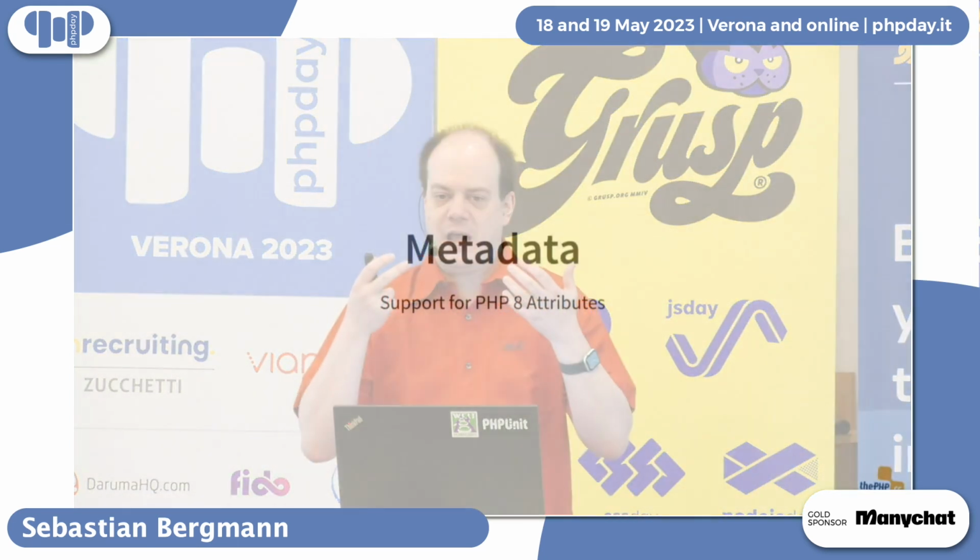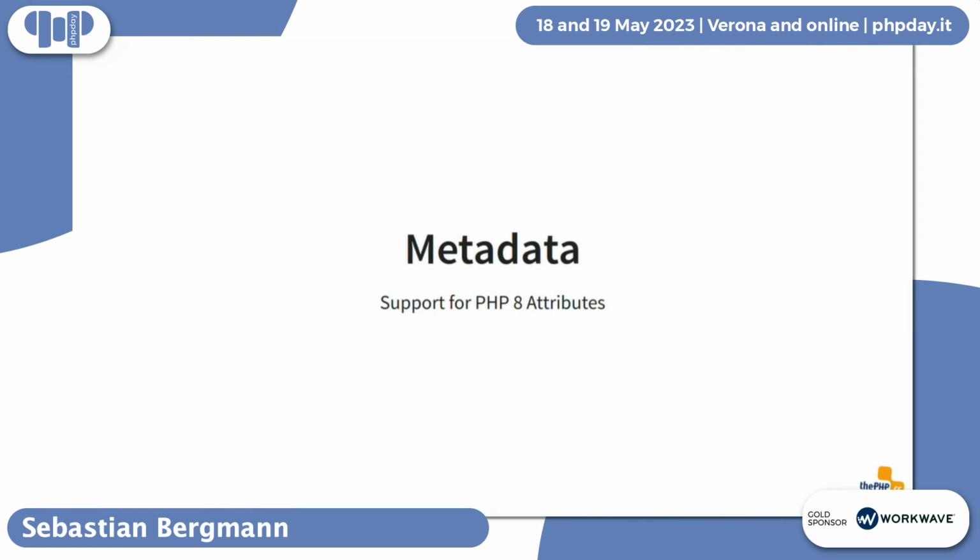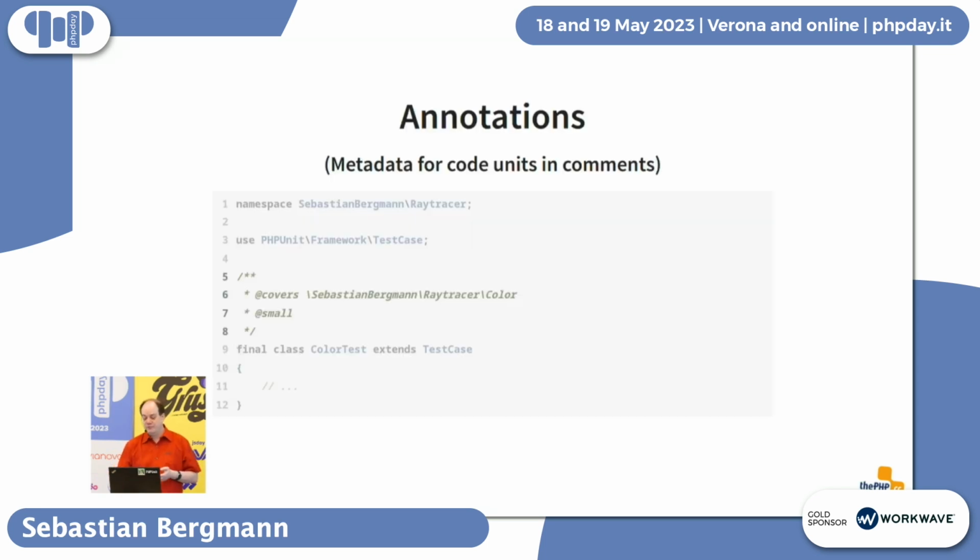So we decided to call them attributes, and that is metadata. That is additional information that you can put at units of code in your source code. So you can add additional information to classes, properties, methods, parameters, and so on. And this is a much better way of doing that than the old-fashioned way.